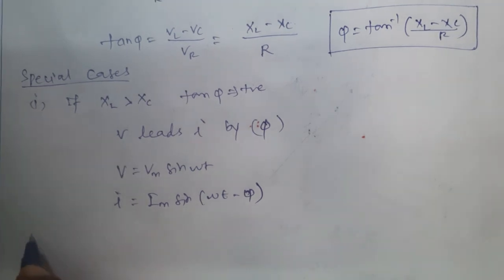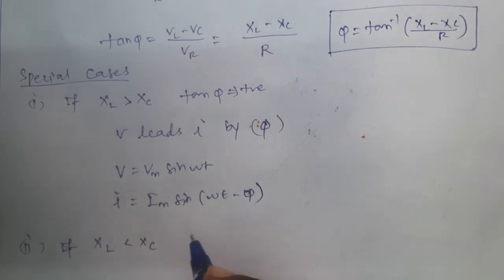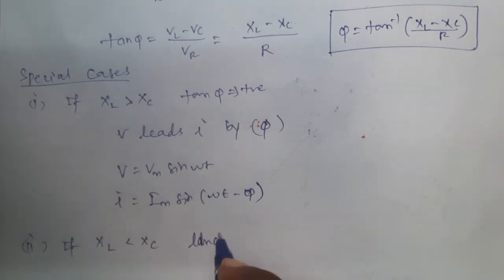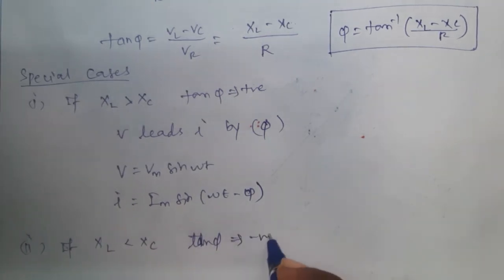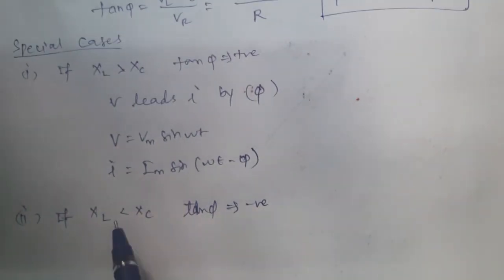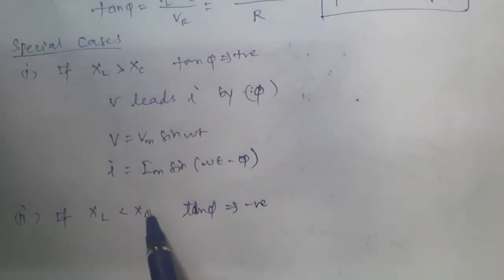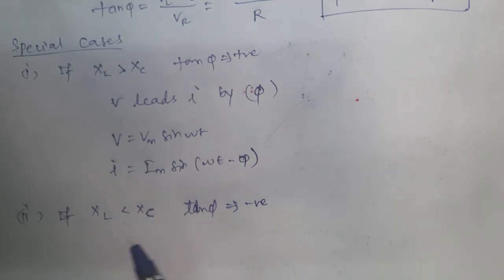Next, second case: if XL is less than XC, now tan phi is negative. Tan phi being negative means it is a capacitance predominant circuit.